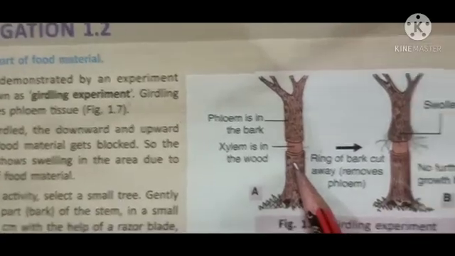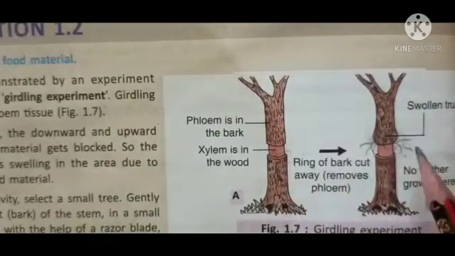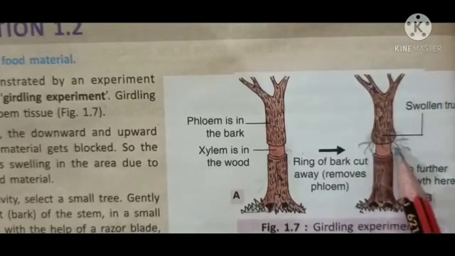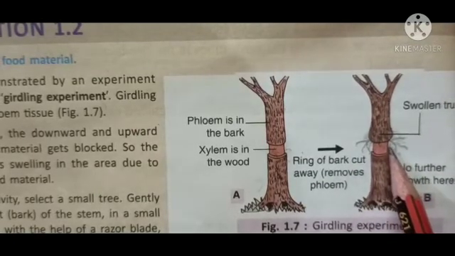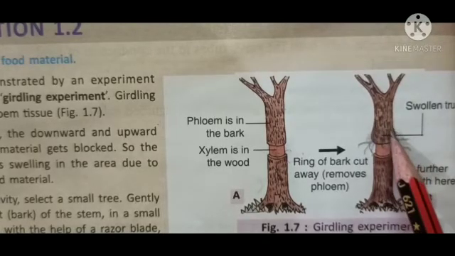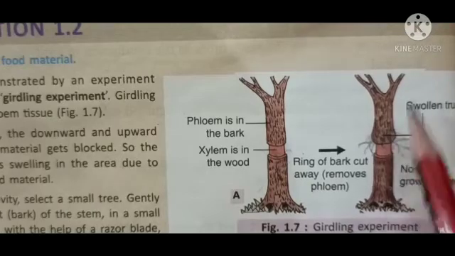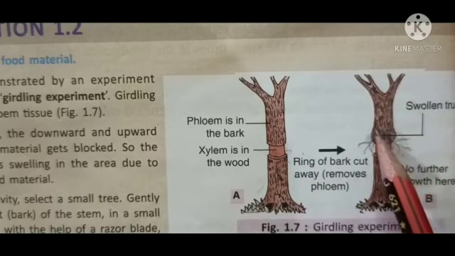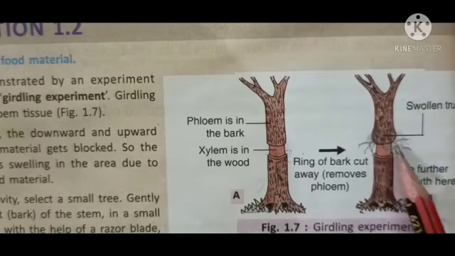Okay, after 1 week, what you will observe is that the area above the girdled portion has swelling, right? And why is this portion swollen? Because the food which is transported by phloem is accumulated here. Why? Because the phloem is removed.